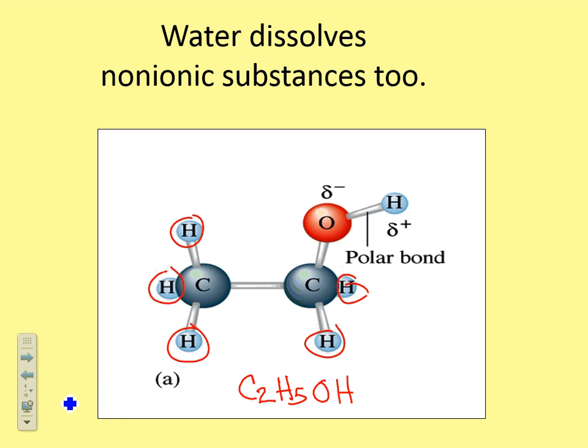Notice one end of the molecule has that OH, which makes it polar. That end allows it to dissolve in water. The carbon and the hydrogen, they have polar bonds too, but because of the orientation in space, it's a non-polar region of the molecule.